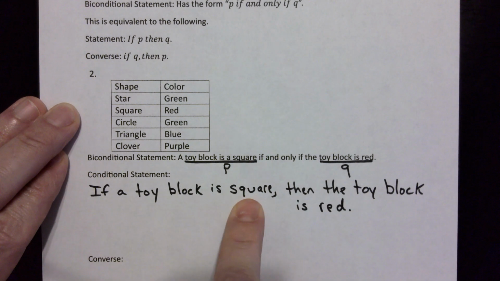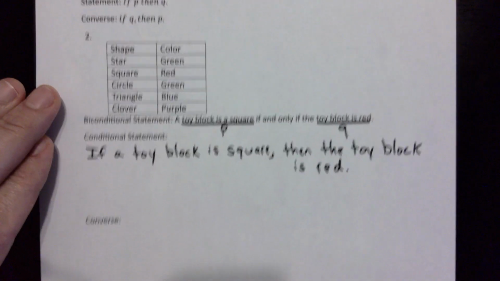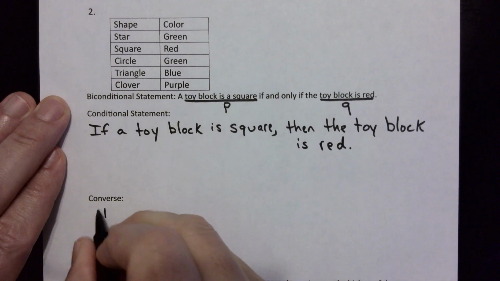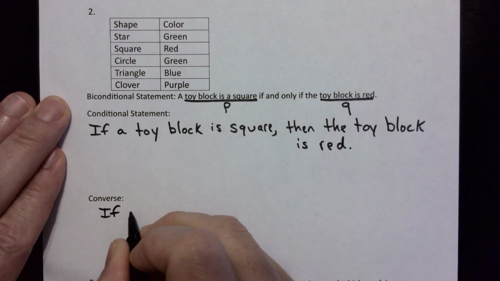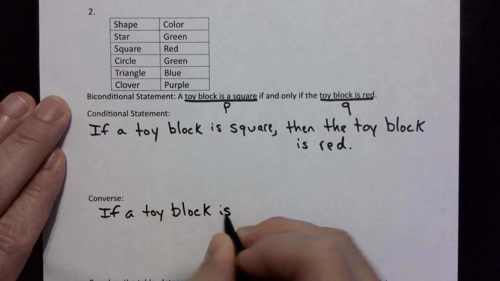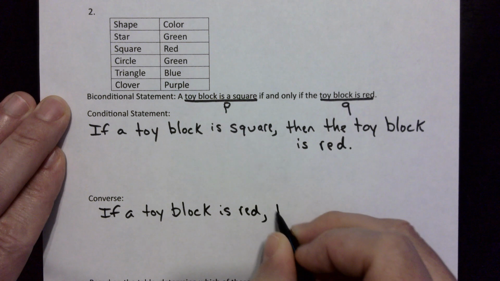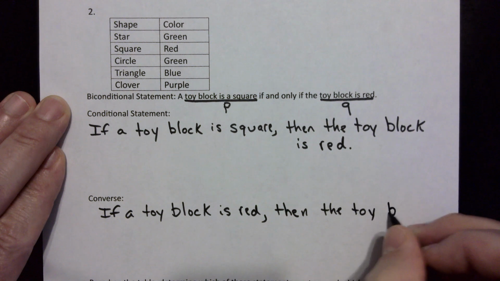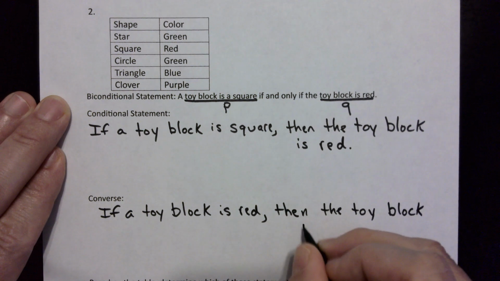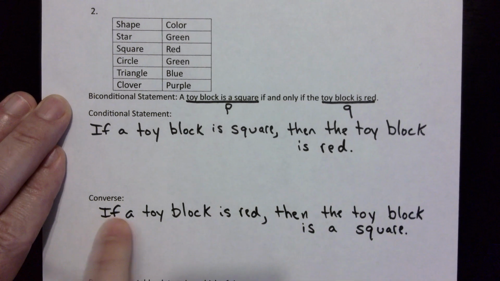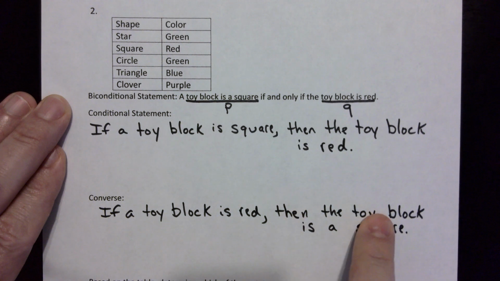And the converse is if Q, then P: if a toy block is red, then the toy block is a square.